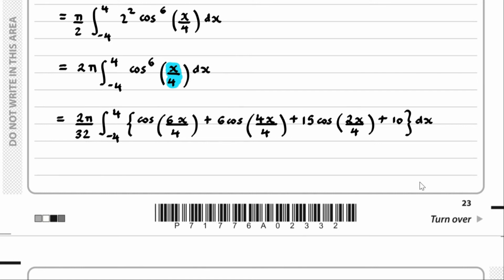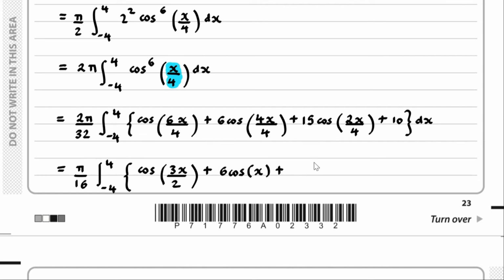So what we are integrating then is pi over 16 times the integral from minus 4 to 4 of cos of 3x over 2 plus 6 cos x plus 15 times the cosine of x over 2 plus 10 with respect to x.